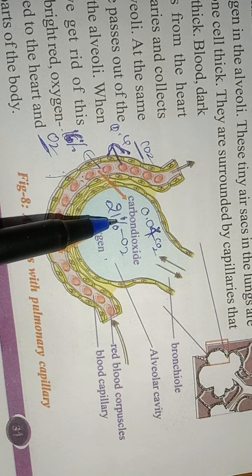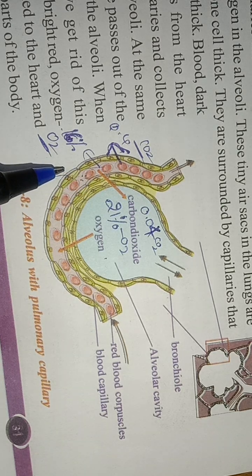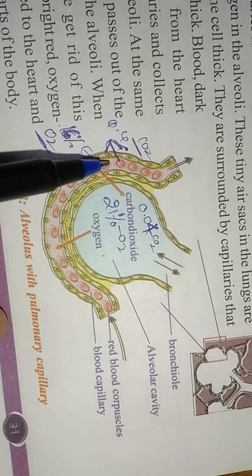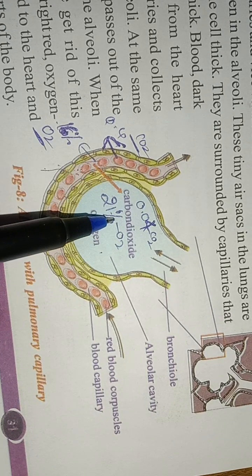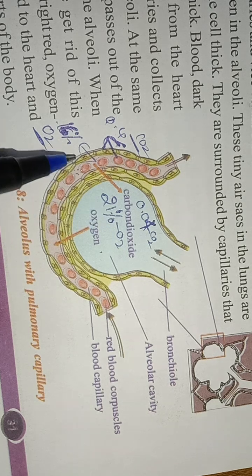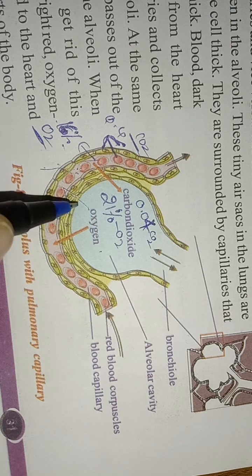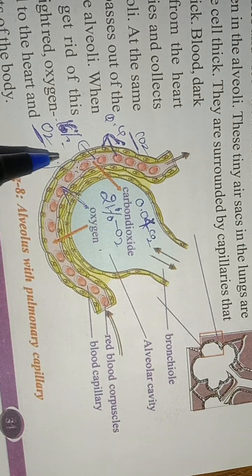So immediately oxygen from the alveoli enters into the blood, and it combines with hemoglobin to form oxyhemoglobin. Oxygen is coming in this way, from high concentration to low concentration, which means diffusion.